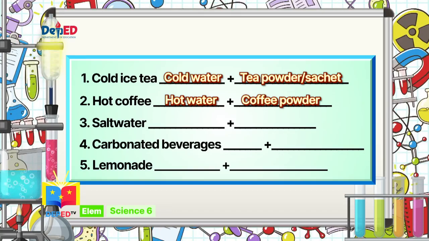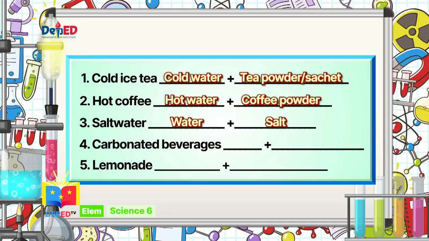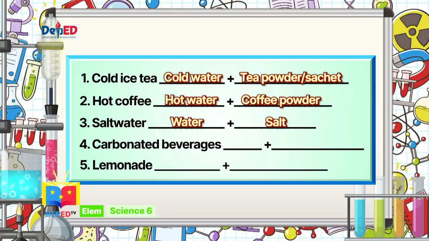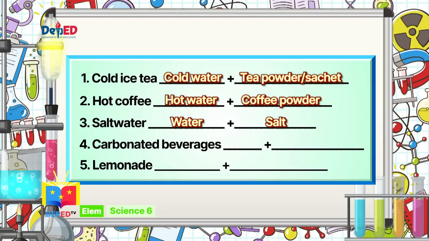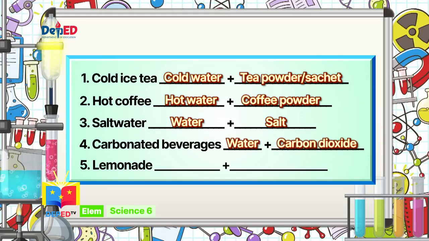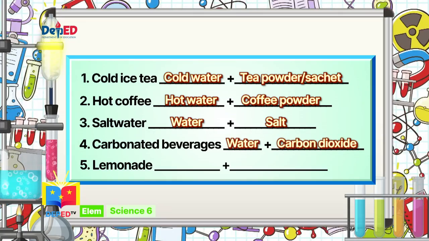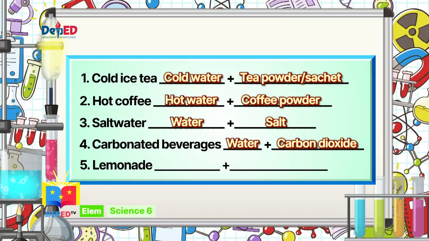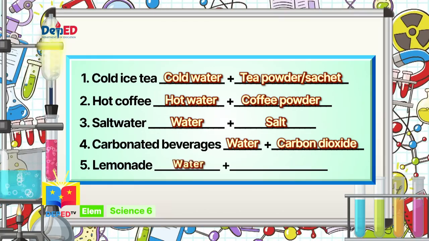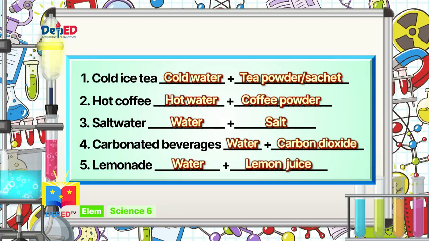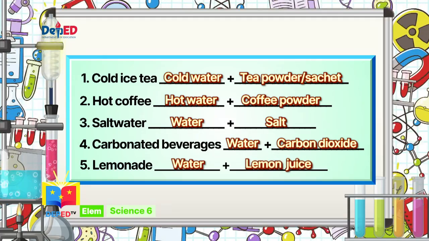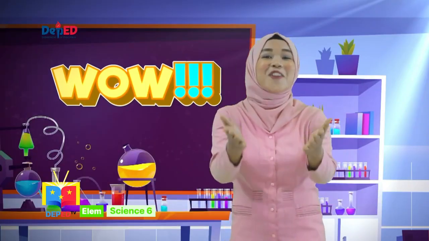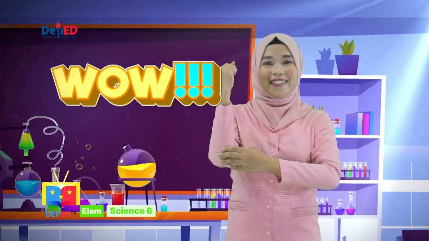The correct answer is water plus salt. Number 4. Carbonated beverages. The correct answer is water plus carbon dioxide. And number 5. Lemonade. The correct answer is water plus lemon juice. Wow! You really did a good job.